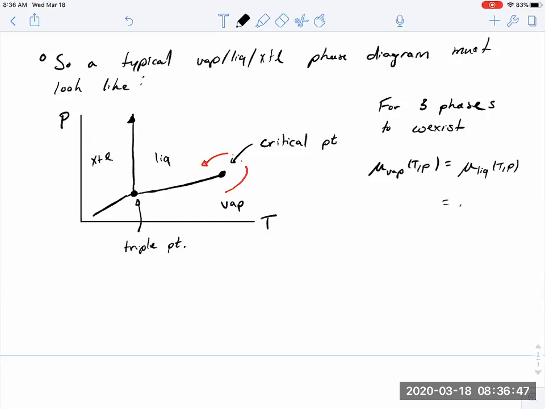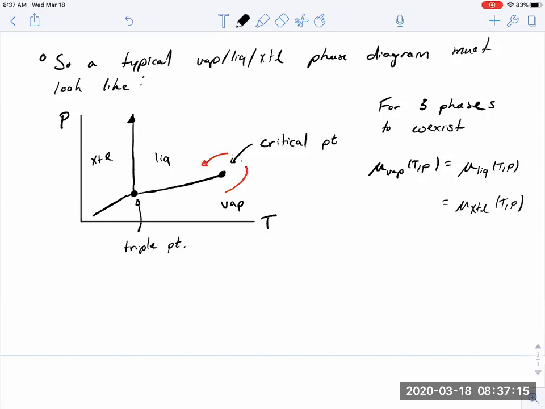And those would also have to be equal to, at that point, the point of coexistence between all three phases, the chemical potential of the crystal. Now I have two unique equations, the vapor chemical potential equaling the liquid chemical potential, and the liquid chemical potential equaling the crystal chemical potential.